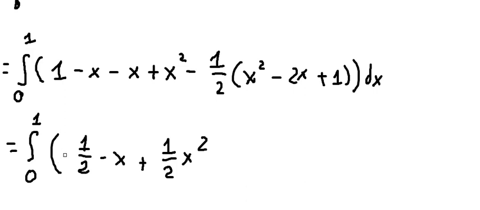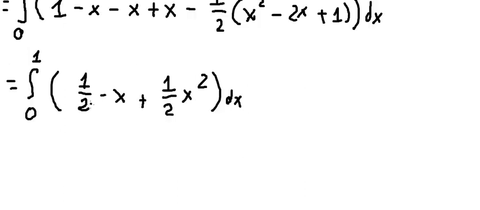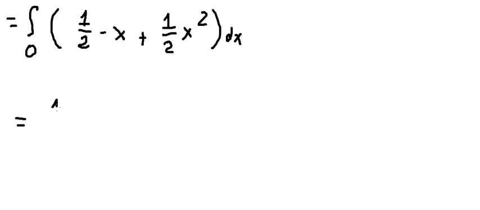Sorry about that. Now, after we simplify everything in here, we have the integration of 1 over 2. We have 1 over 2s. This one, we have s square over 2.